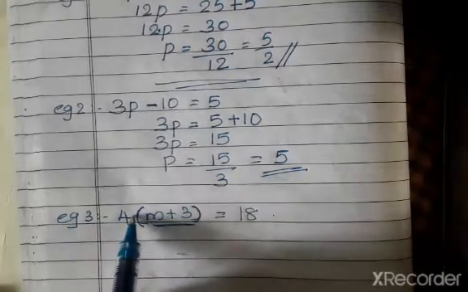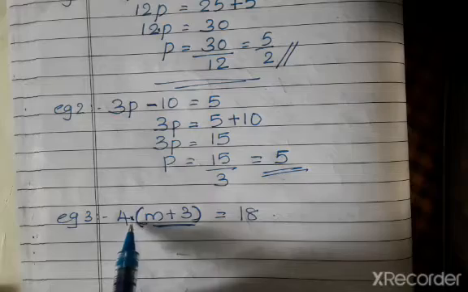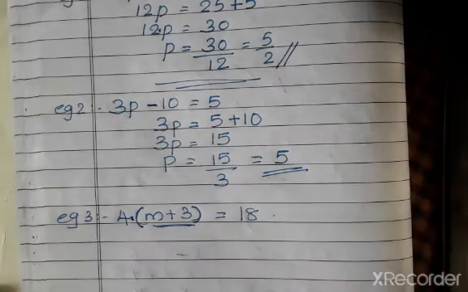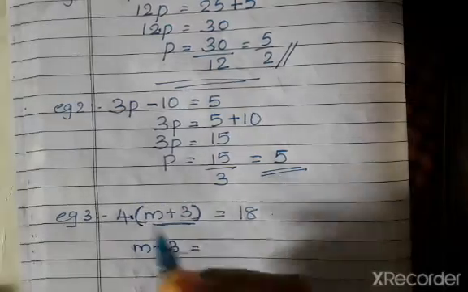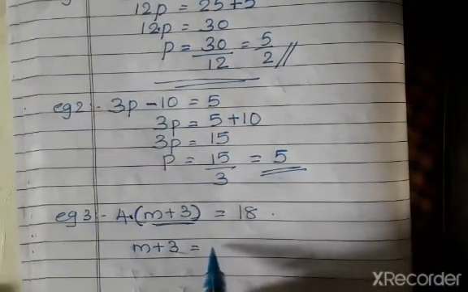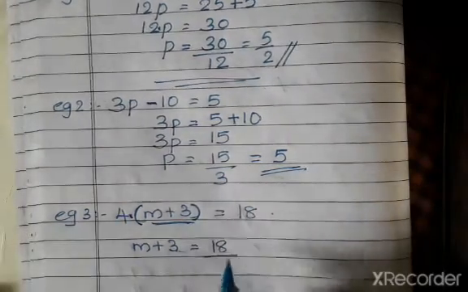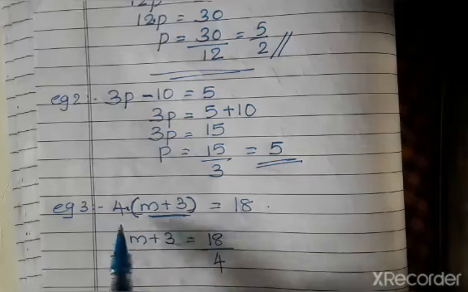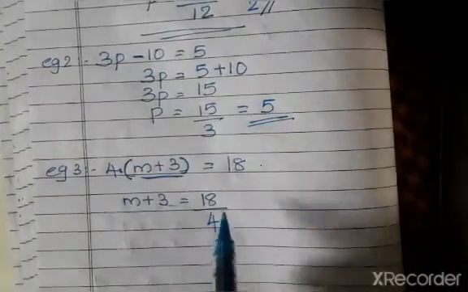So first you have to understand that 4 is multiplying with this one, so first you have to remove 4 from this place. So m plus 3 you write there, and 4 you transpose to the right hand side. That is 18. 4 is multiplying here, so when it goes, children, then 4 will divide on RHS.